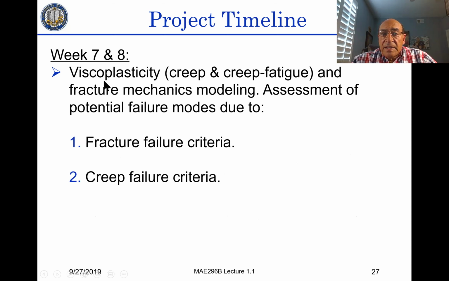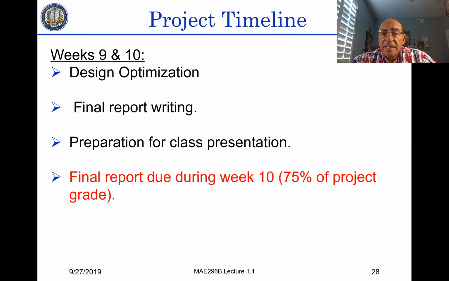And in weeks 7 and 8, we will assess creep deformation and fracture failure criteria. And finally, in weeks 9 and 10, we will do the optimization, finalize the report, and prepare the final product, which is our report that we will submit online.